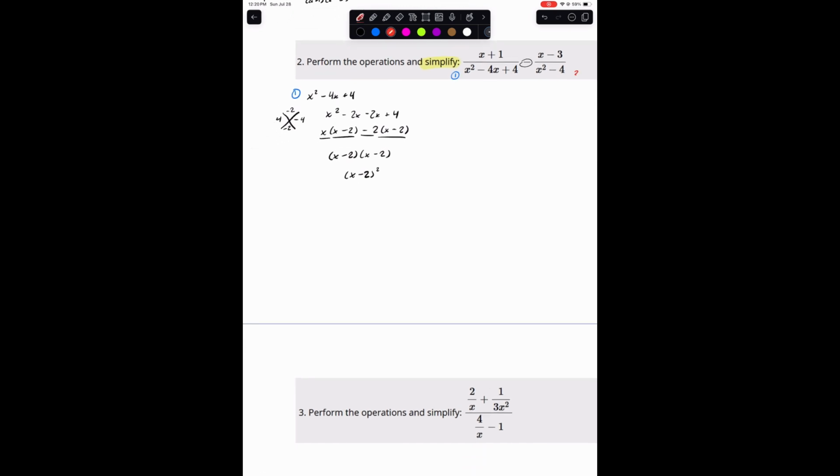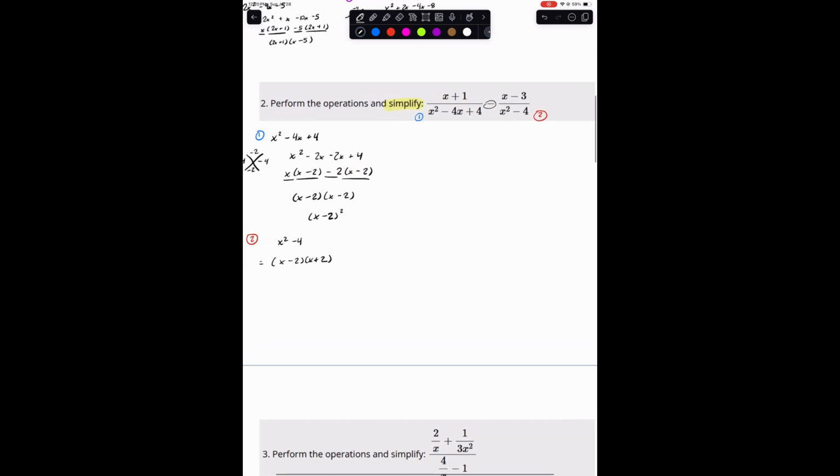For the other denominator, x squared minus 4, this is just a difference of squares, so you get x minus 2, x plus 2. So you can rewrite this difference as x plus 1, x minus 2, minus x minus 3, x minus 2, x plus 2.